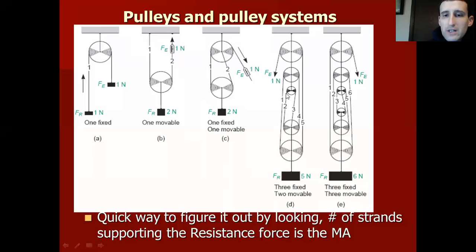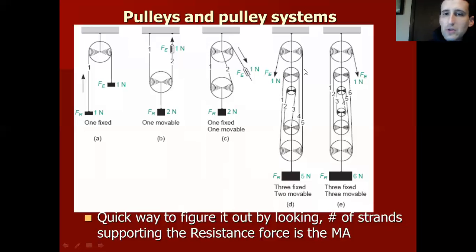And then you can get into these more complicated situations, right? And what you ultimately end up discovering is that if you count the number of strands that support the object you're lifting, that will be your mechanical advantage. So you got to be careful though. Only count the strands that are supporting the object. Okay. Here, if we extended this string down, you might be tempted to count it, but it is not directly supporting the object, right?